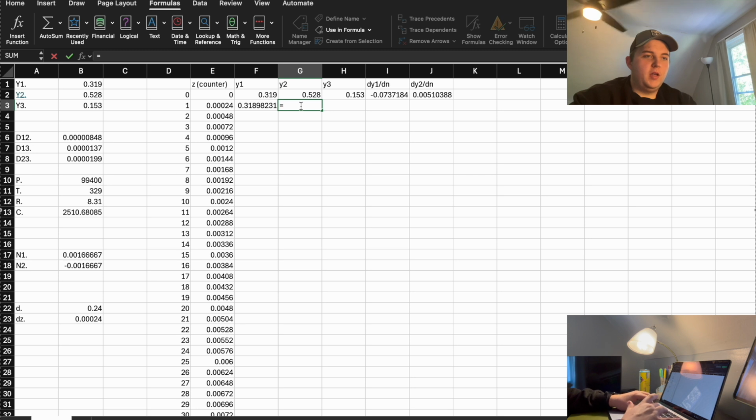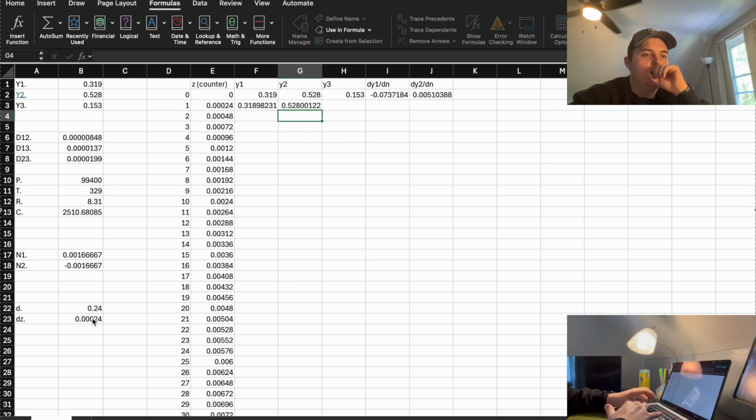So it's going to be your J2, and that's going to be added to our value above it. No, it's our value above it plus, or multiplied by, our length, our dz.